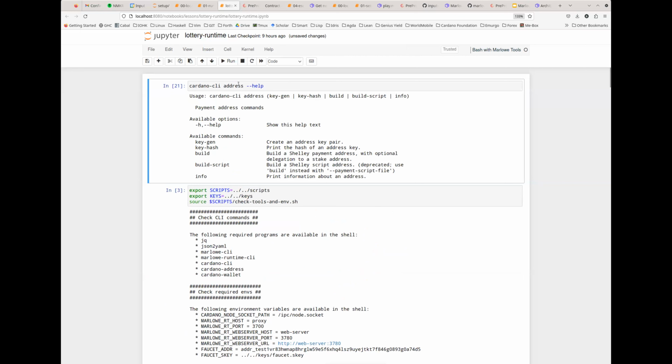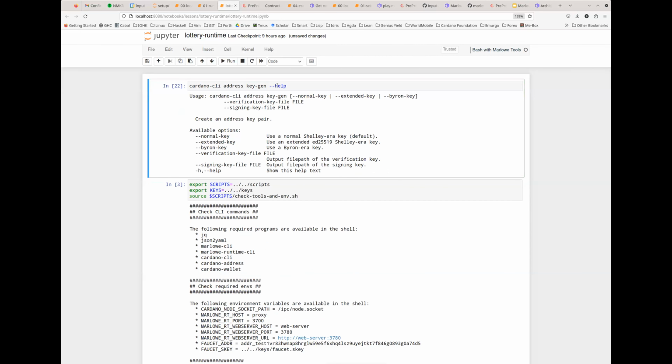Right. So in the address command of the Cardano CLI there is, for example, key-gen, where you can generate a new public-private key pair. Verification key and signing key are different words for public and private key.